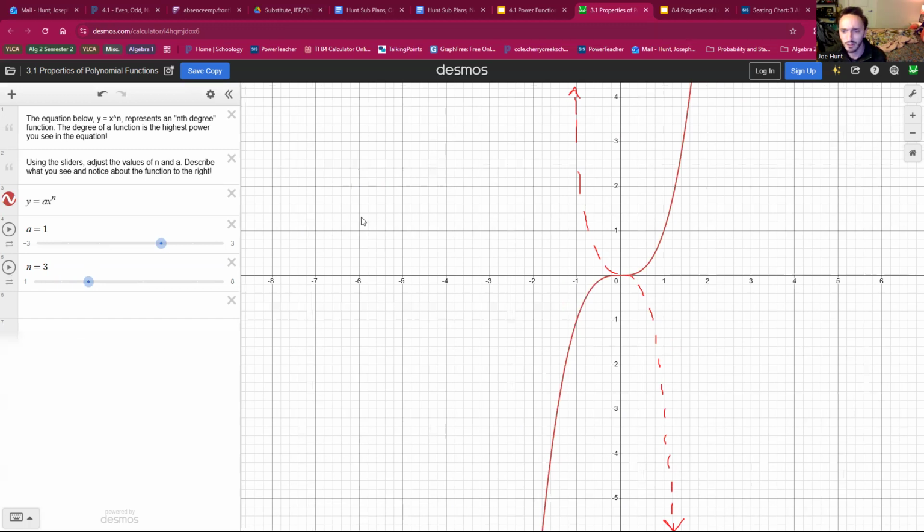Now, if you think about this a little bit differently, and you think maybe about a different sort of symmetry, there is something interesting happening. If you look at a coordinate like 1, comma 1, and say this guy here at negative 1, comma negative 1. If you think about taking your notebook and grabbing the top with one hand and the bottom with another and turning it like a steering wheel so that your hands swap, so you turn it 180 degrees, you'll notice that this graph maps perfectly back onto itself.